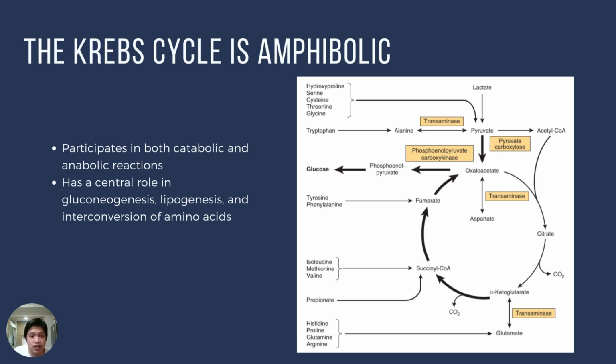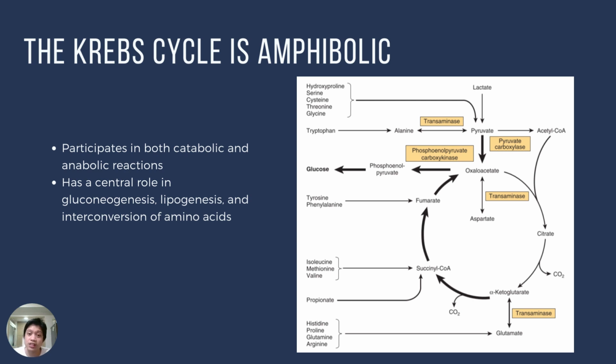Isoleucine, methionine, and valine can enter the Krebs cycle via deamination and enter the cycle as a molecule of succinyl coenzyme A. Tyrosine and phenylalanine, which are amino acids with a benzyl ring, can enter the Krebs cycle as fumarate.